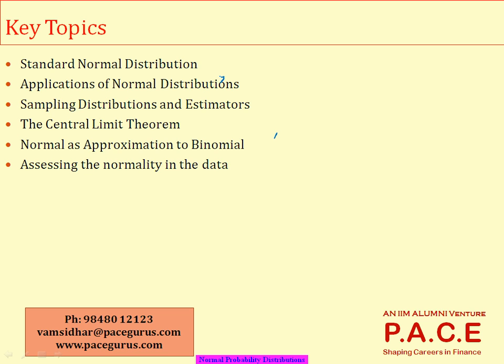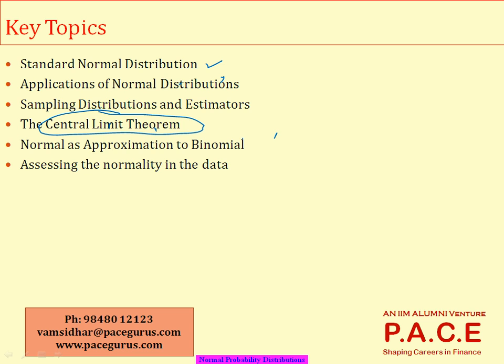What do we call the standard normal distribution? What are the various applications of the normal distribution? How do I get into the estimation process using the concept of normal distribution? The heart of statistical estimation, called the central limit theorem, we'll discuss that.